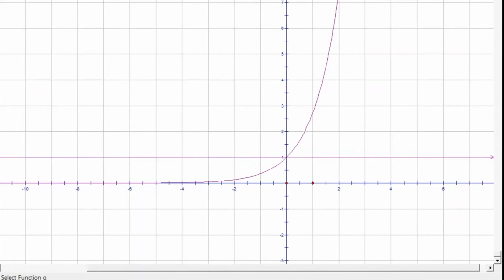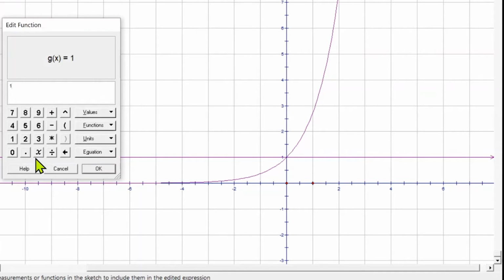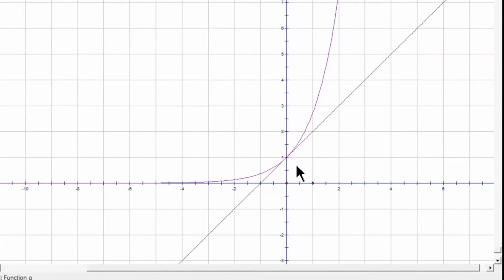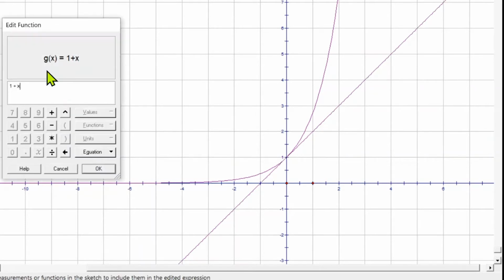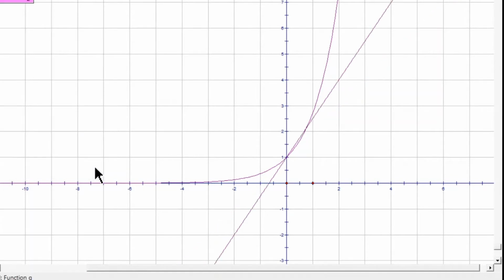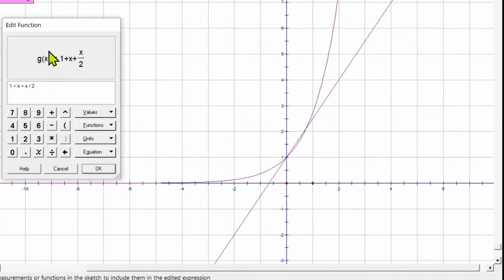Okay, we'll add more terms, so plus x, right? Not that impressive. And then plus x squared over 2 factorial.